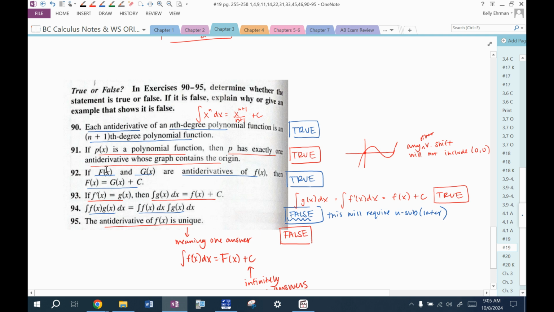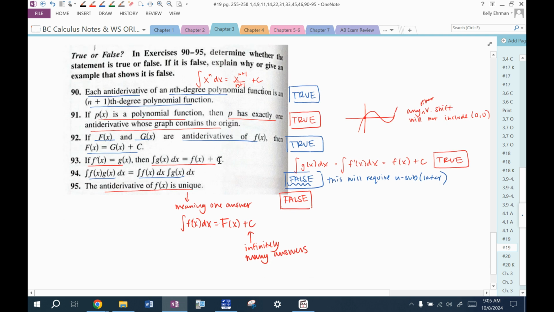92 is also true. If f of x and g of x are antiderivatives of f of x, then they must be vertical shifts of each other. That's what that's saying. F of x must be g of x plus some sort of c value, whether it's up c or down c. That's true. 93 is also true.